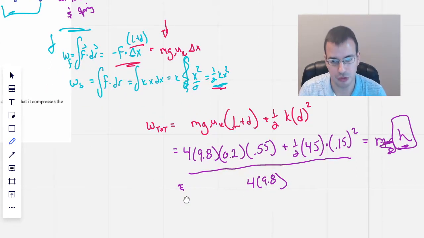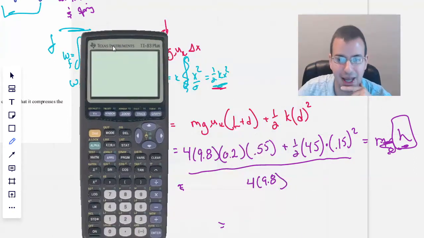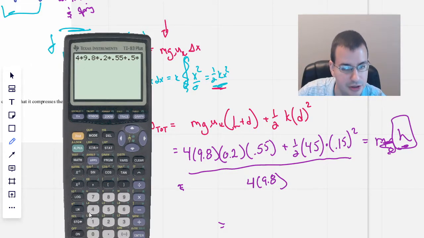Okay, giant calculator crunch. I'm always worried when I put a lot of numbers in a calculator that I'm going to make some mistake. Worries me greatly. 4 times 9.8 times 0.2 times 0.55 plus 0.5, which is the same as 1/2, times 45 times 0.15 squared.